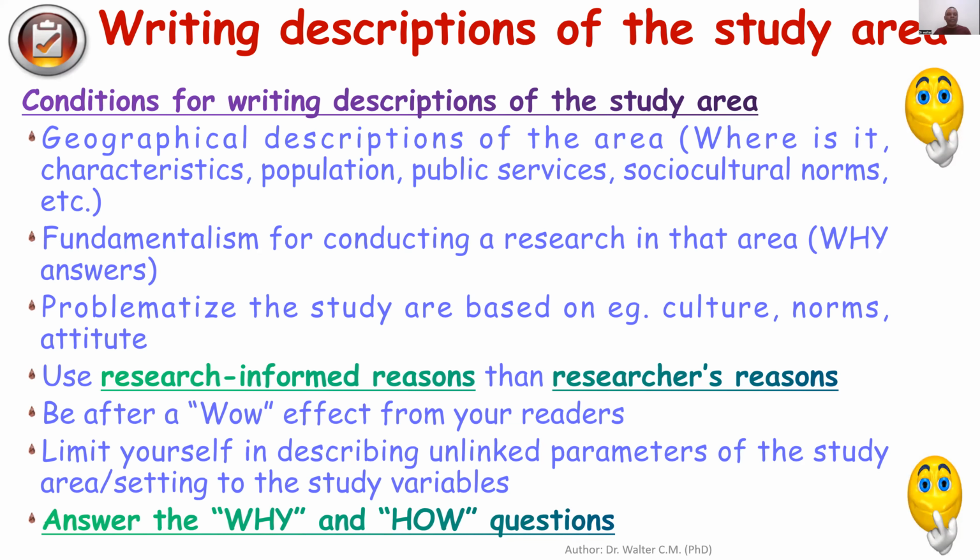This problem has convinced you to go there and conduct your research, and by doing so you problematize your study setting. There might be issues of culture, whatever, but those belong to problems of public concern.